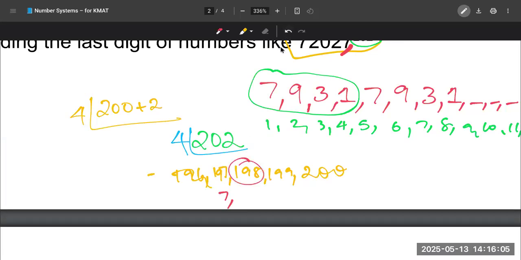The 198th power would have 9 as the last digit, then 3 and 1. And when it comes to 201, it will have 7 as the unit digit. And when it comes to 202, the answer is 9.